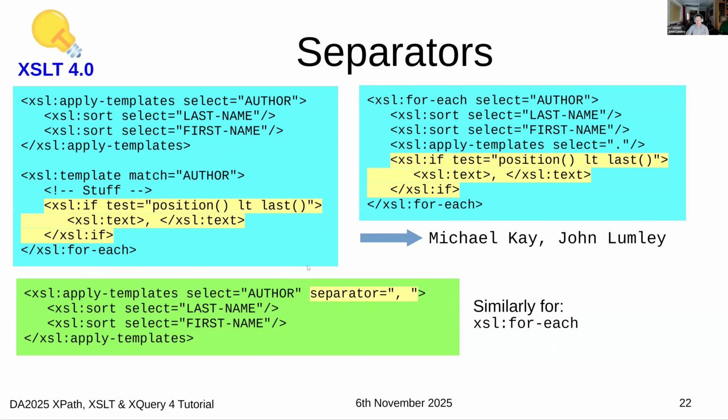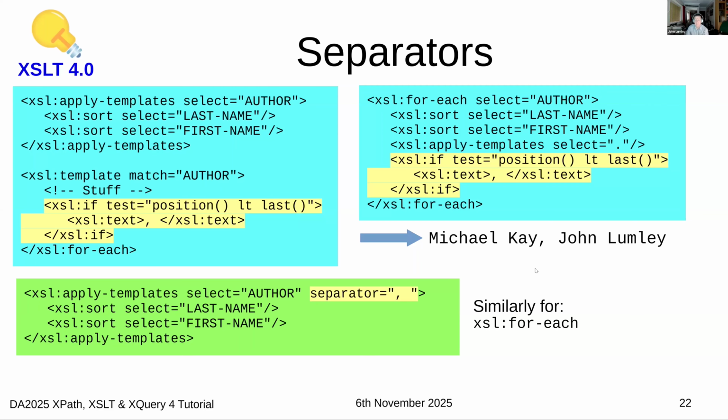So now what's happened is effectively the separator, which can be an attribute value template if you want, is that the value of this is put in between as a text node between each of the outputs of each of the applications of the templates, for example.